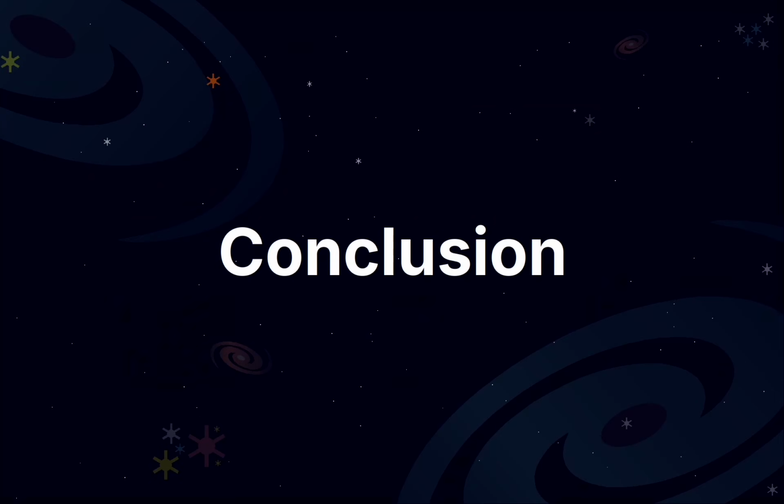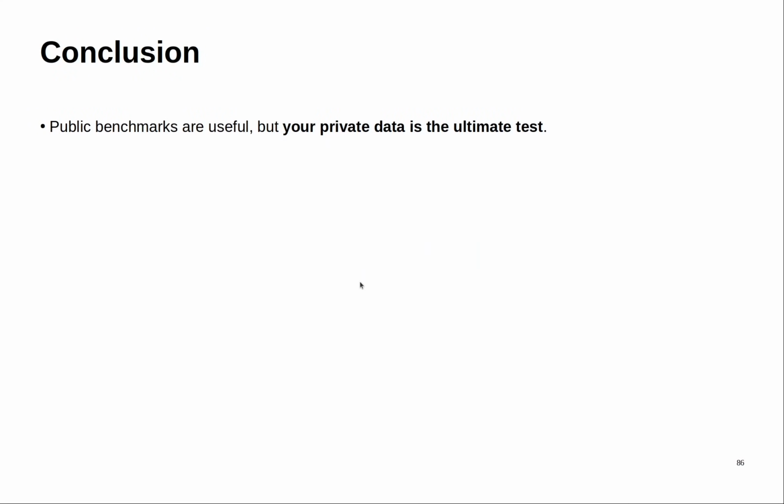Congratulations on finishing this course. We have covered a lot of ground together. You started by understanding what embedding models are and why we cannot always rely on public leaderboards like MTEB. You learned that the best model on a public leaderboard might not be the best model for your specific private data.